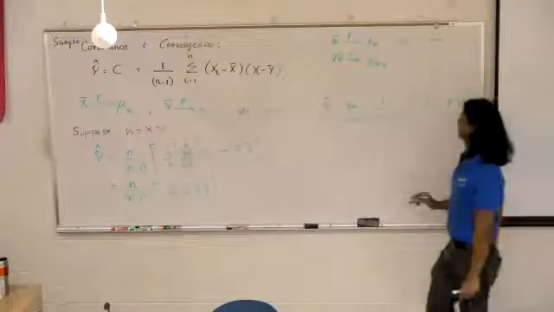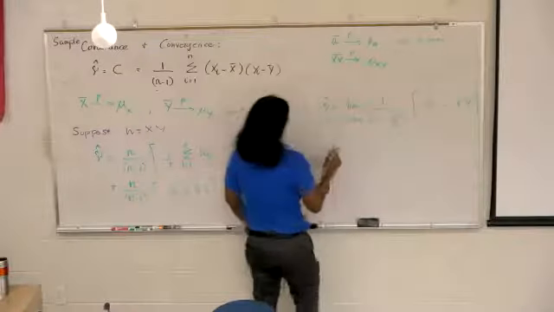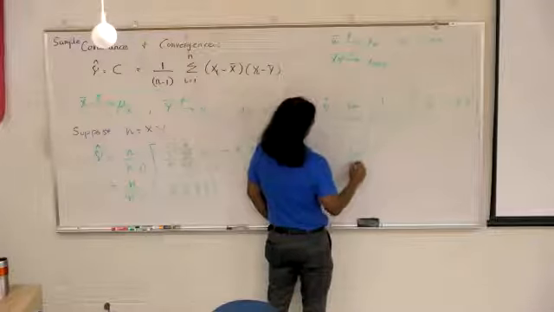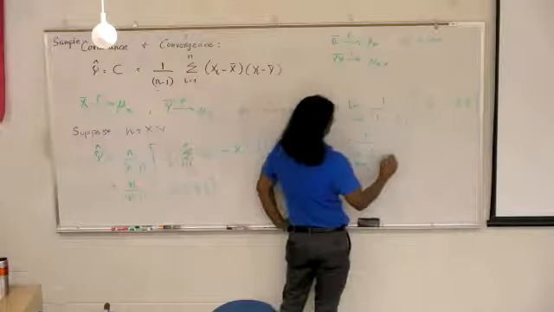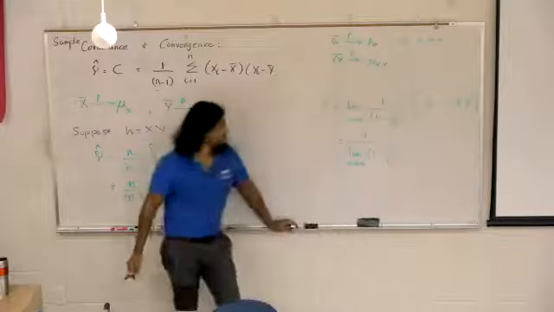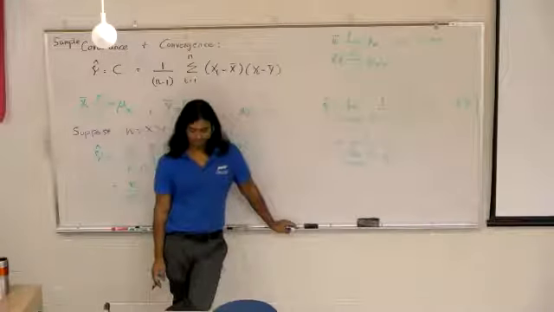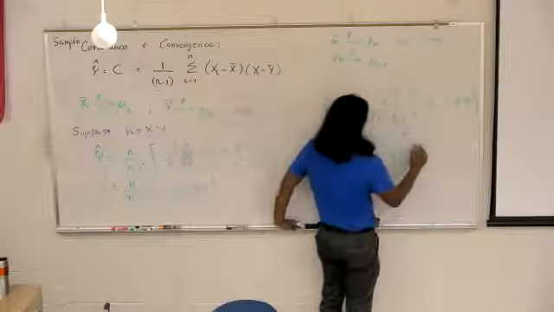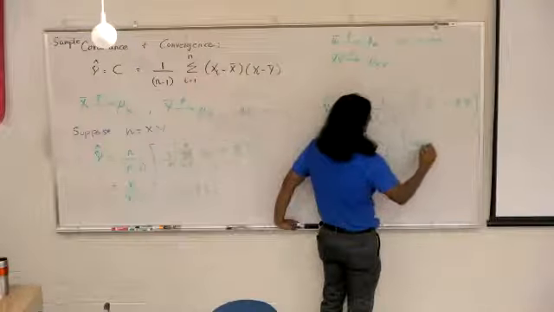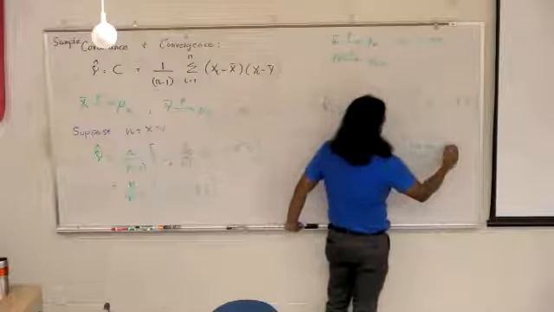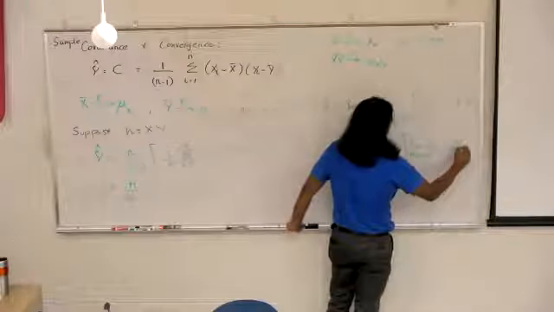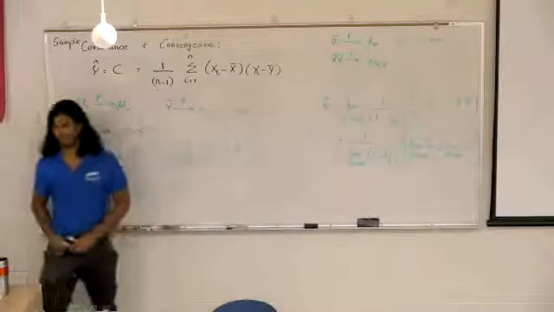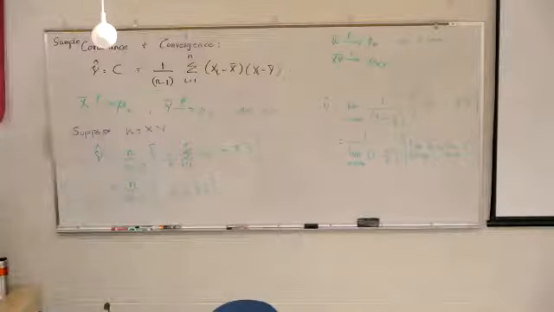So one over the limit as n approaches infinity of 1 minus 1 over n, times the limit of w bar minus the limit of x bar y bar. Bring down continuous functions and apply the limits individually.